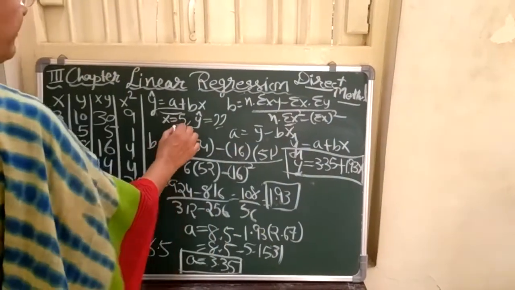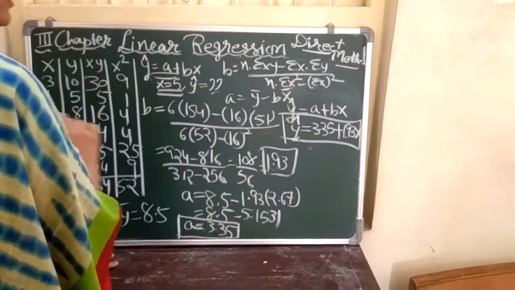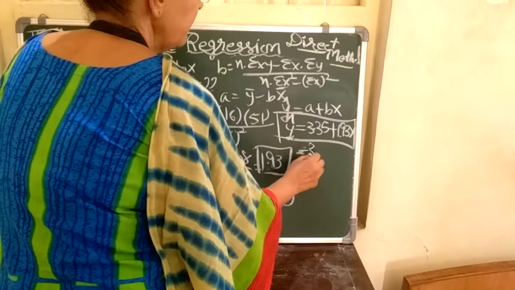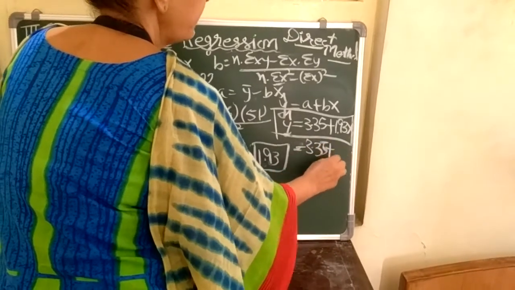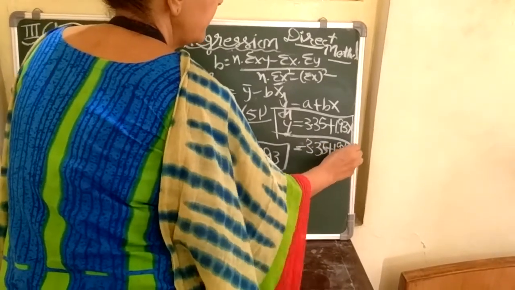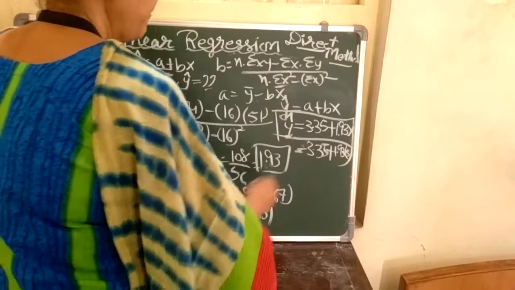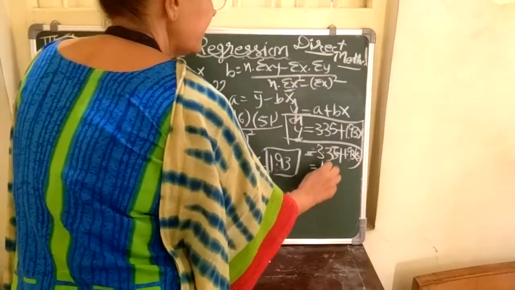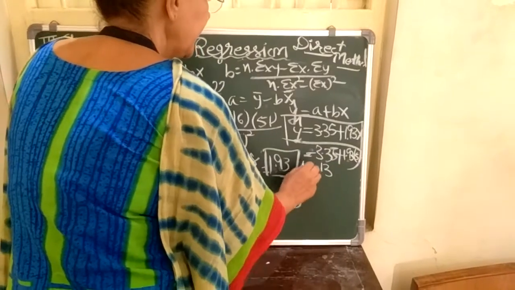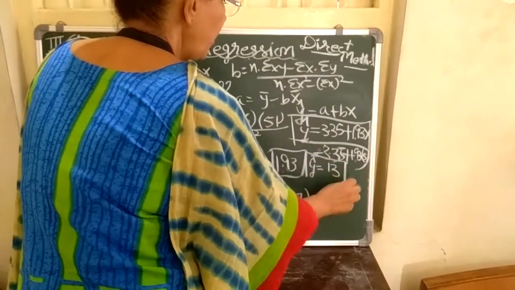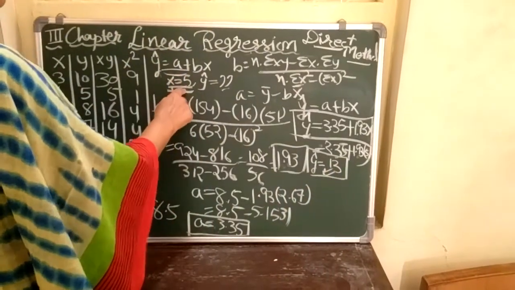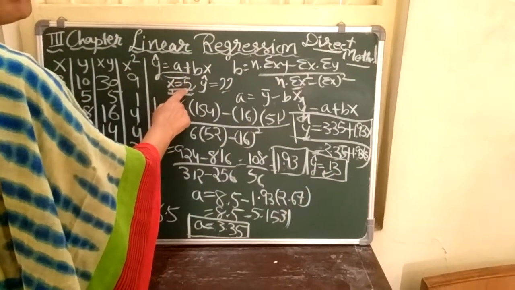Here the value of x is 5. This value of x we put here. So this will be 3.35 plus 1.93 multiplied by 5. If you multiply this and add, we get 13. So the estimated value of y is 13 when the value of x is 5.